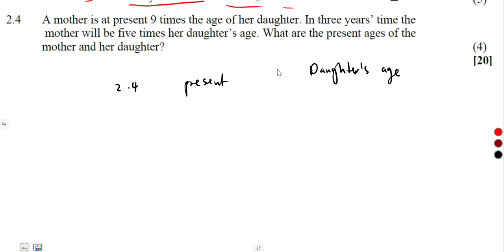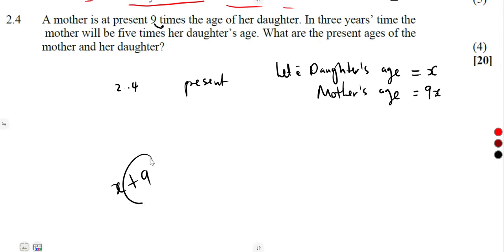Let the daughter's age be x, so that we can have the mother's age. The mother's age is 9 times that, so that's 9x. Not 9 more than. If it is 9 more than, you add. But 9 times, you multiply. That's a product. So this is the present age.